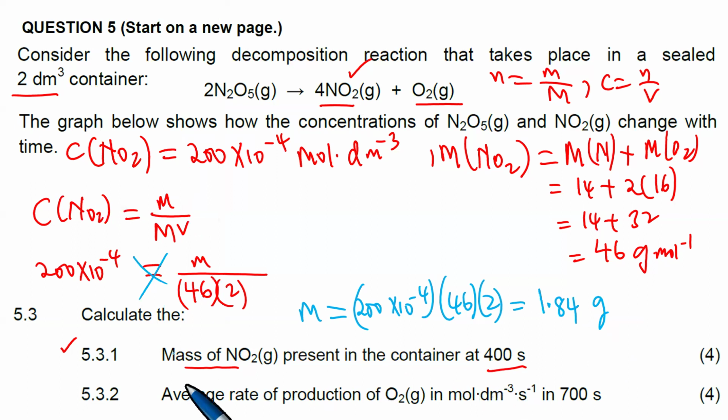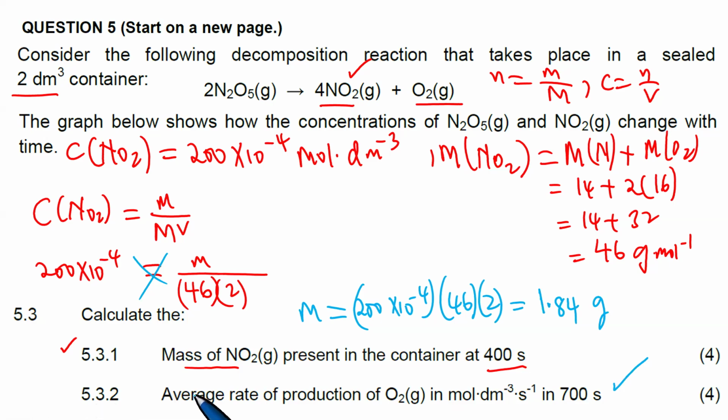The next question is, calculate the average rate of production of oxygen in moles per cubic decimeter per second in 700 seconds. So now we need to perform a calculation. Calculate the average rate of production of what?